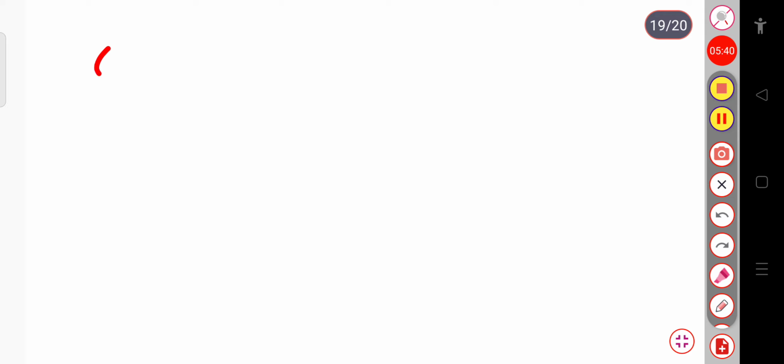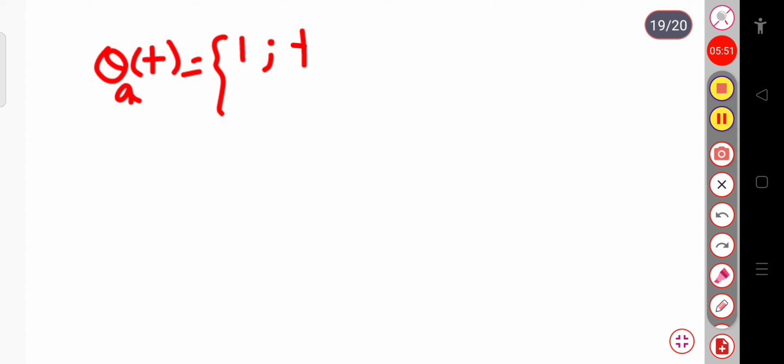Suppose here I am writing theta a of t. Okay, this is theta a of t. Suppose its value is equal to 1 when t is greater than a, and its value is 0 when t is less than a. Okay, this is suppose another step function.